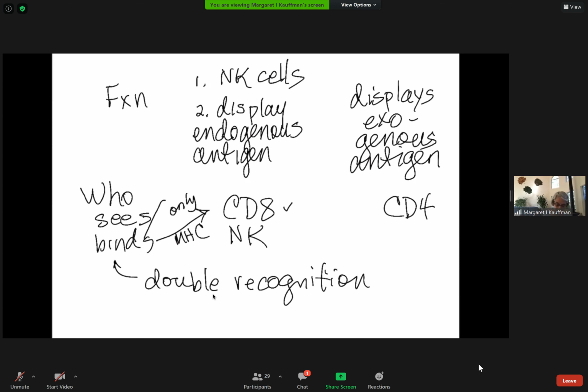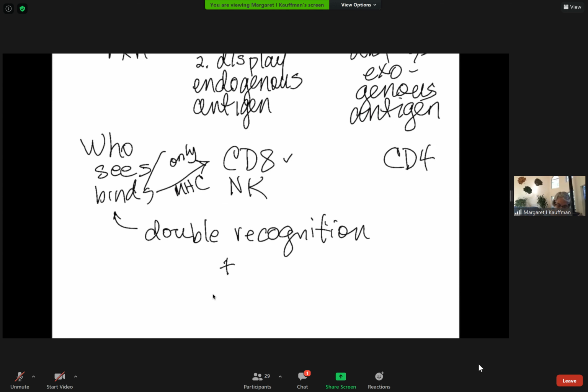You're going to have another step involved called co-stimulation. In a way, the double recognition differs slightly in what they recognize, but they're fairly similar in the idea that for the CD8 you need an MHC1, and for a CD4 you need an MHC2.